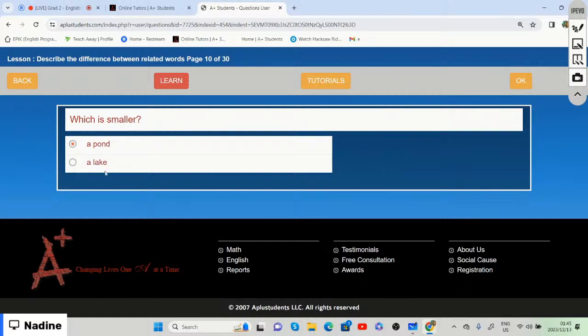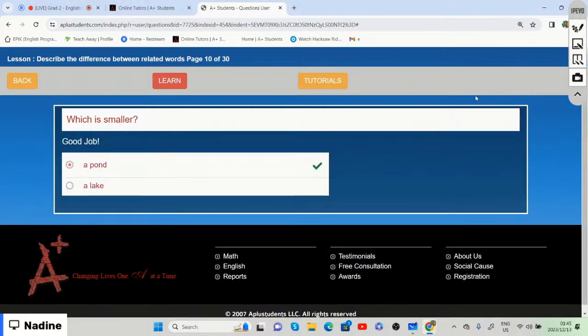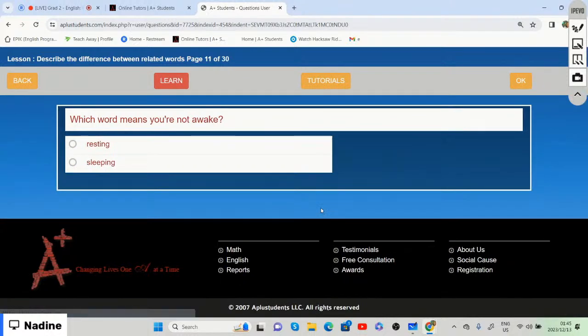So we can say a pond is smaller than a lake. And a pond is correct.